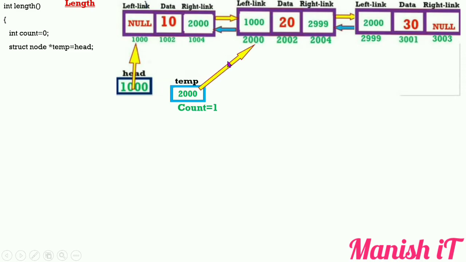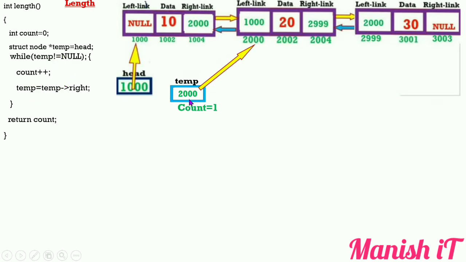Now see this: while temp is not equal to null, count is incremented, and simply temp equals temp to right. I have already discussed that, which is why this line stores 2000. Now our while is closed, and once again it checks the condition.